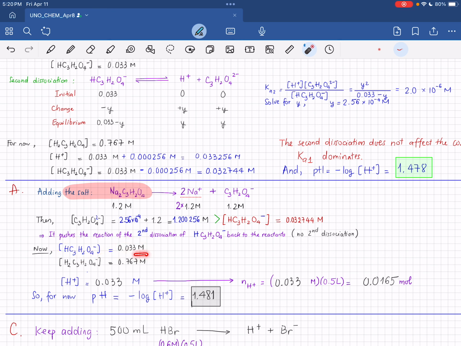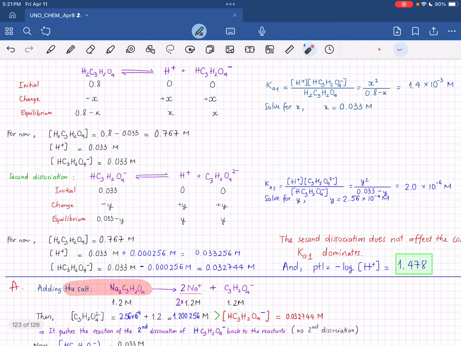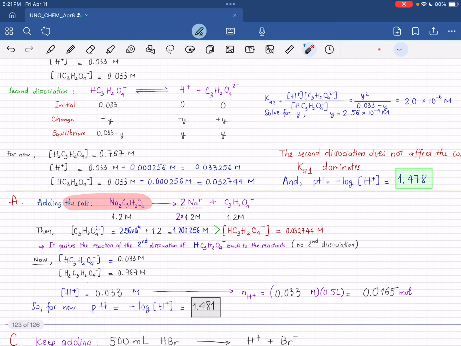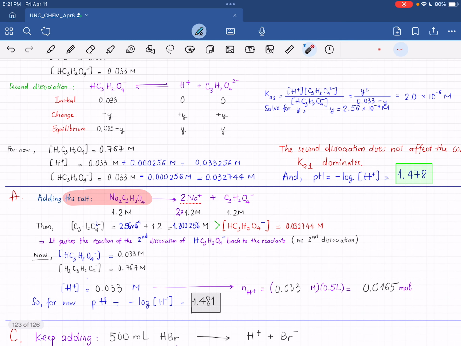And then the concentration of the acid has dropped by an amount because some of it has been changed into this one, right? Also in the solution we have an amount of malonate, even though we don't have the second dissociation, because we have this ion from the salt added.